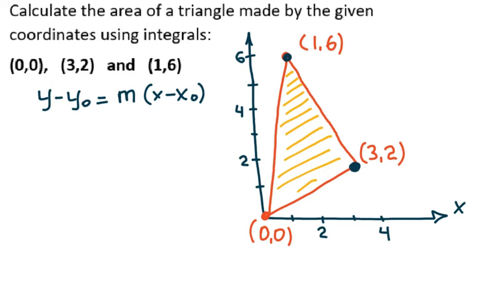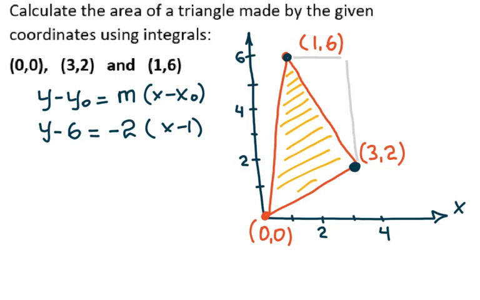I can use 1 and 6, so I will have y minus 6 is equal to m times (x minus 1). And if I look at the slope of this line, the rise is 4 and the run is 2. So the slope is negative 4 over 2, or negative 2.